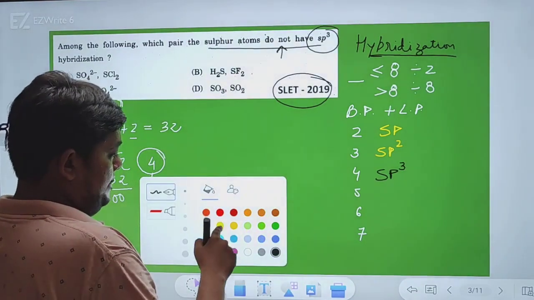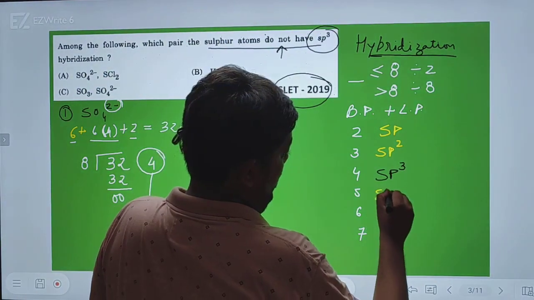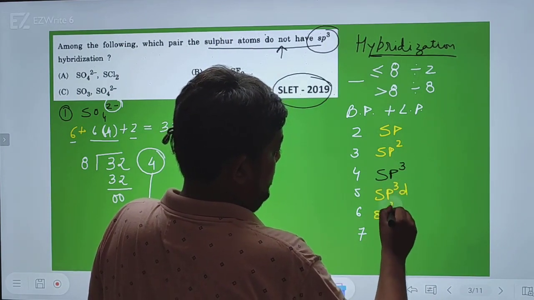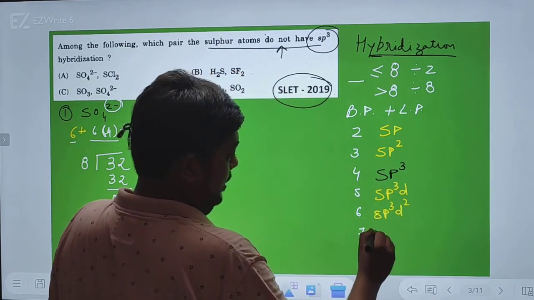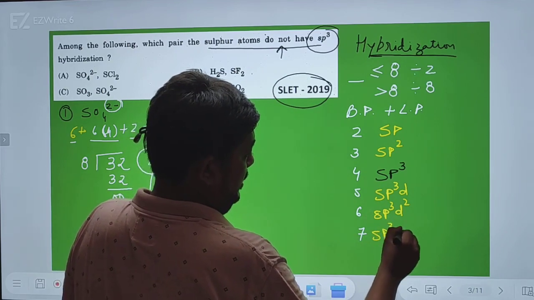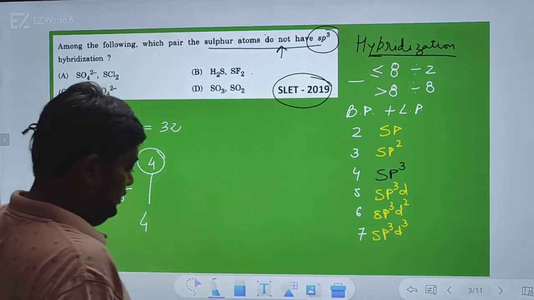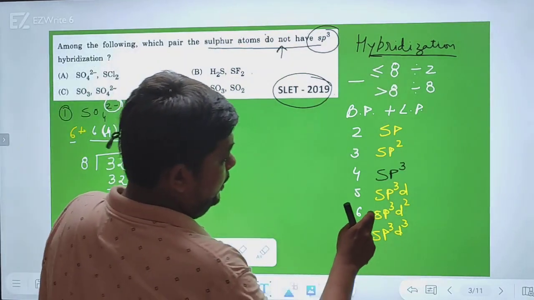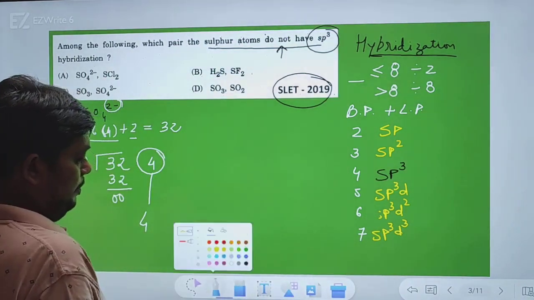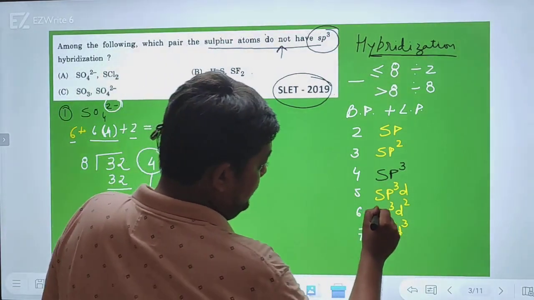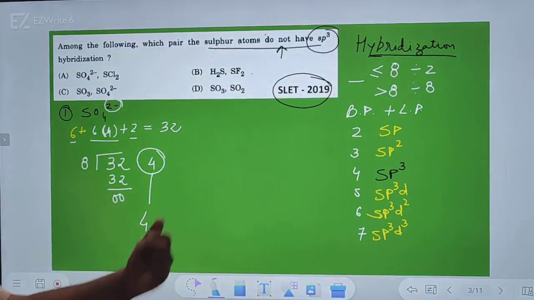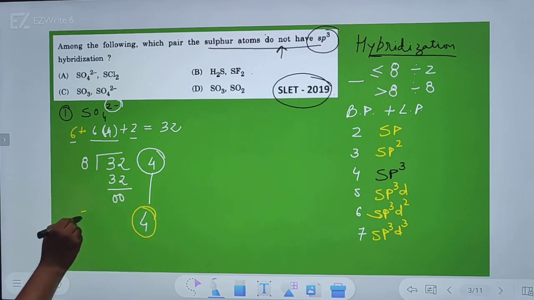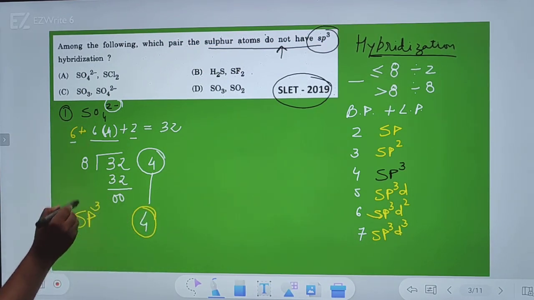Moving ahead, sp3d, sp3d2, and the last one sp3d3. I need to make a little correction over here. I by mistake have made it look like delta, so it is s. This is how it works. So SO4 2 minus, because of these 4 electrons, will always be considered as sp3.